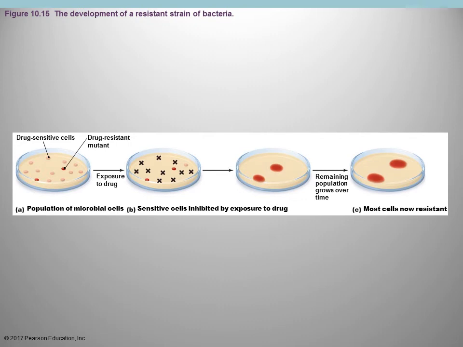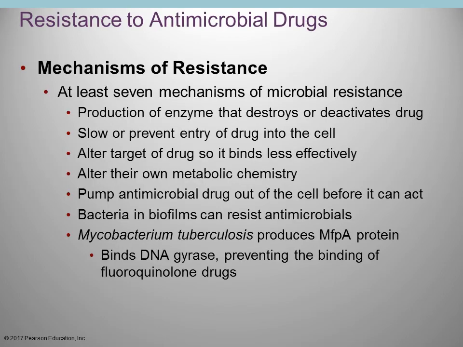The two that were initially resistant because of mutations are going to grow. They're going to go through cell division and produce more, and go through cell division and produce two more, and continue on. And so now you've altered that population to now being more resistant.